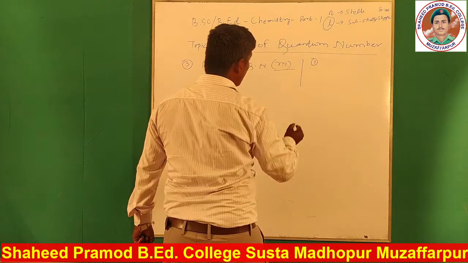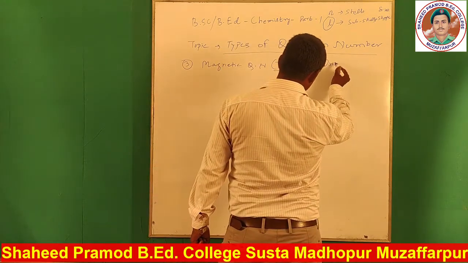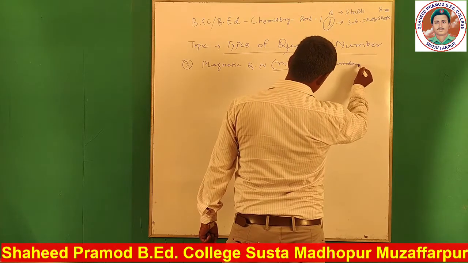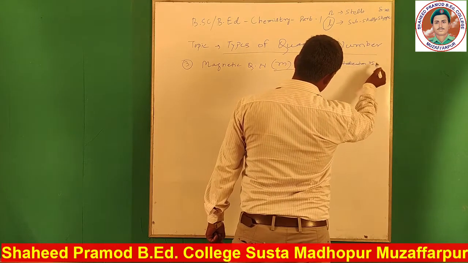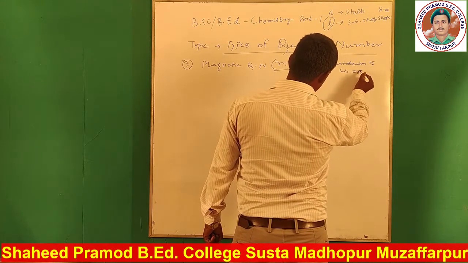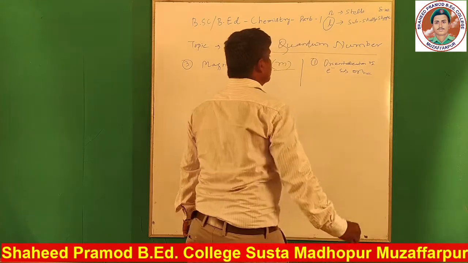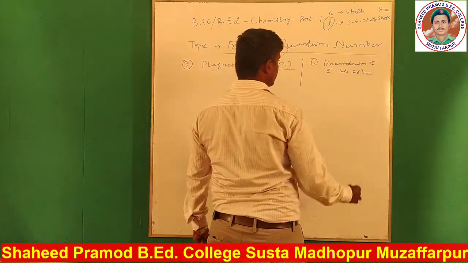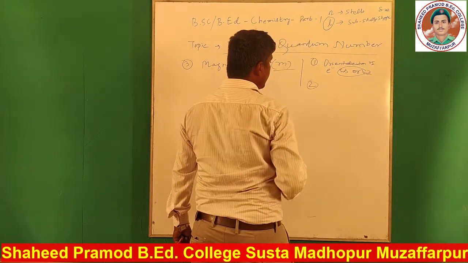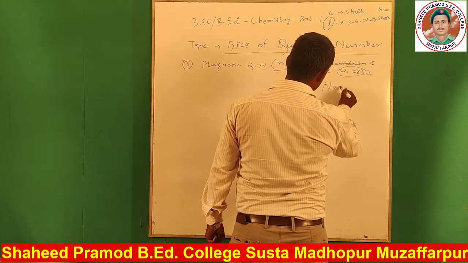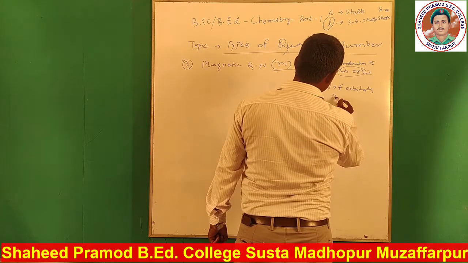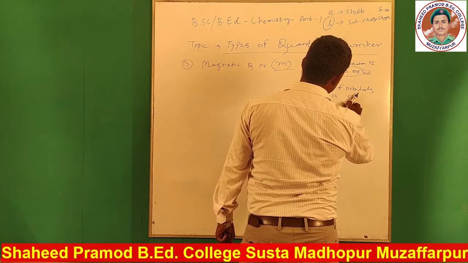First, the orientation of the electron in the orbital, and second, it gives the number of orbitals present in subshells.